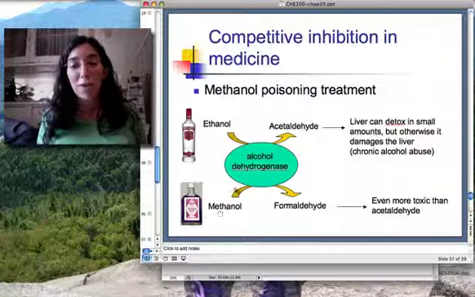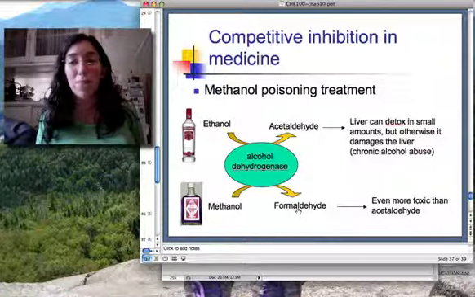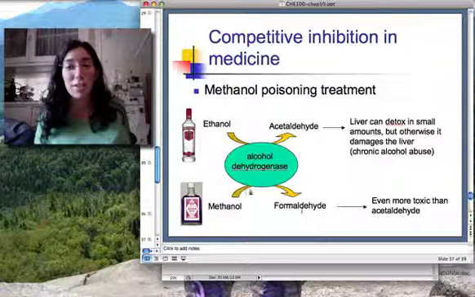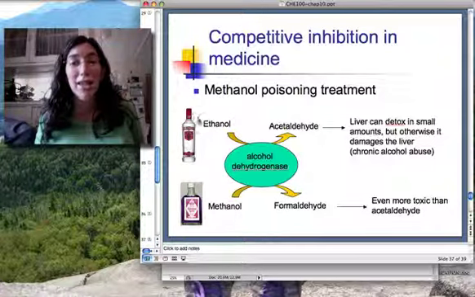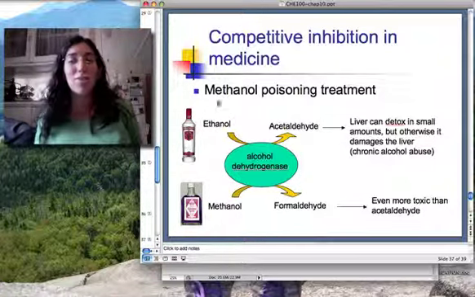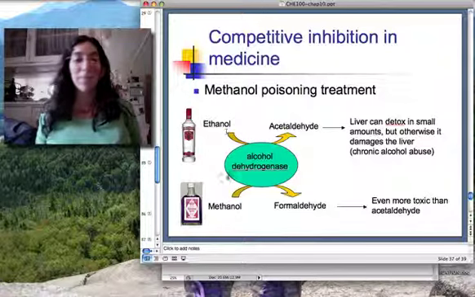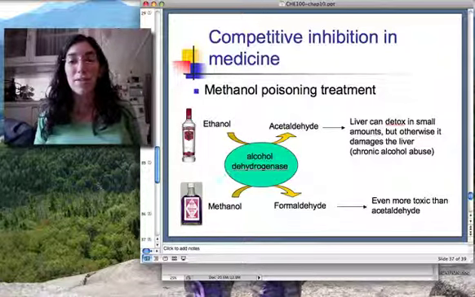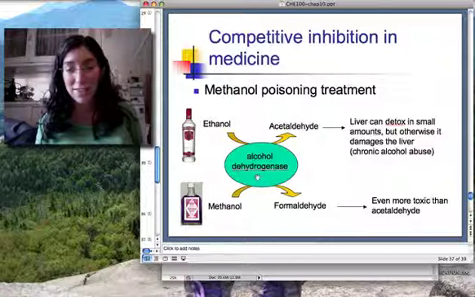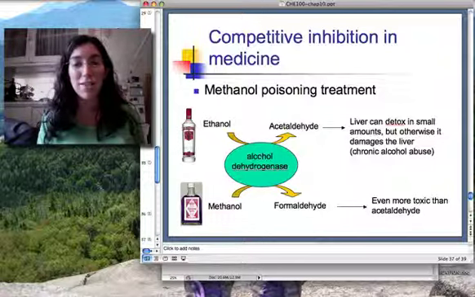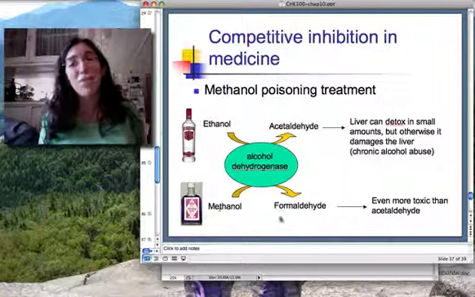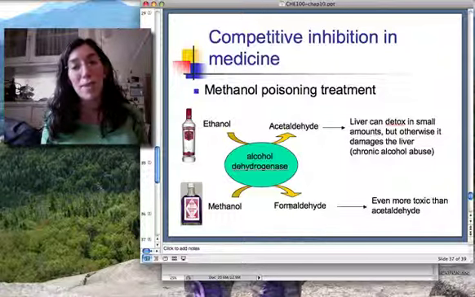So if you drank methanol and alcohol dehydrogenase is converting it to formaldehyde, and this formaldehyde is poisoning you, one way to prevent this reaction from happening is to outcompete the methanol by adding lots and lots of ethanol to overtake all this alcohol dehydrogenase and to hog the alcohol dehydrogenase, and then the methanol just gets excreted. Instead of getting metabolized, it just gets excreted.